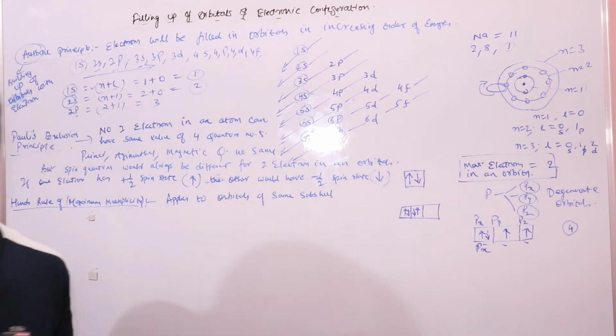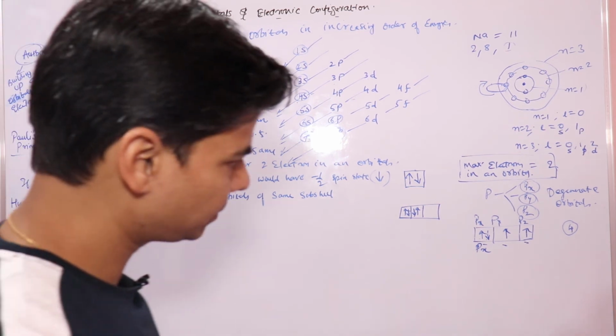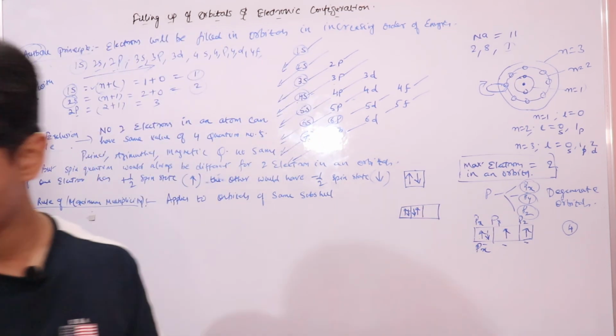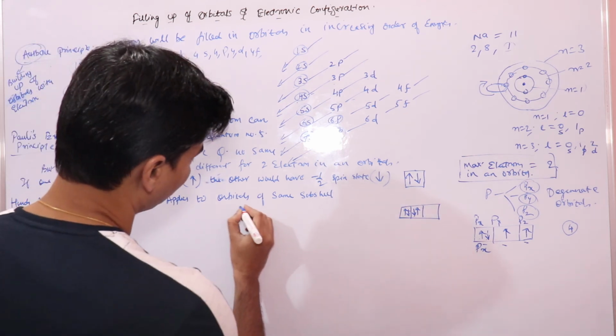By maximum multiplicity, we mean that the total spin of unpaired electrons should be maximum. Let's take some examples to show the maximum unpaired electrons and their spin. Suppose let's take the example of nitrogen.